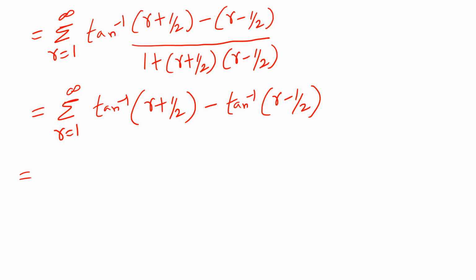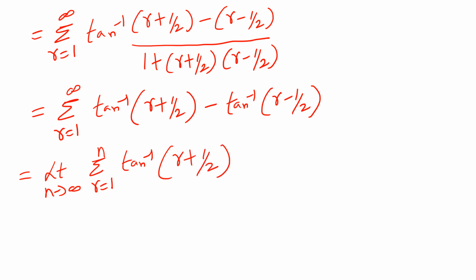Now students, this series can further be written as limit n tending to infinity summation r varying from 1 to n tan inverse of r plus half minus tan inverse of r minus half. That means firstly we will find the sum of first n terms of this series, and then we will find the limit of that sum when n approaches infinity.